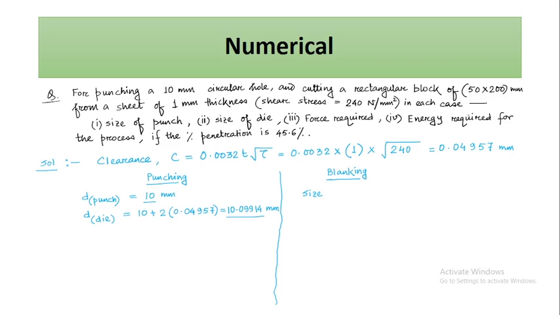The size of the blank is 200 by 50, so the size of the die will be 200 into 50 mm. 200 is the length and 50 is the width.